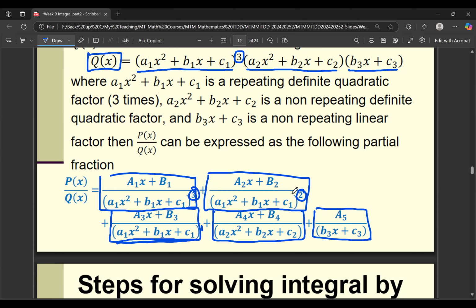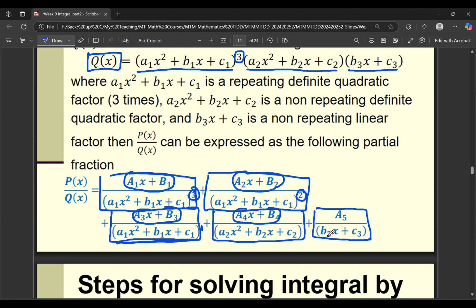We have the quadratic definite factors in the denominators, so the numerators must be linears. This is linears, this is also linears, and this is also linears, because their denominators are definite quadratic factors.